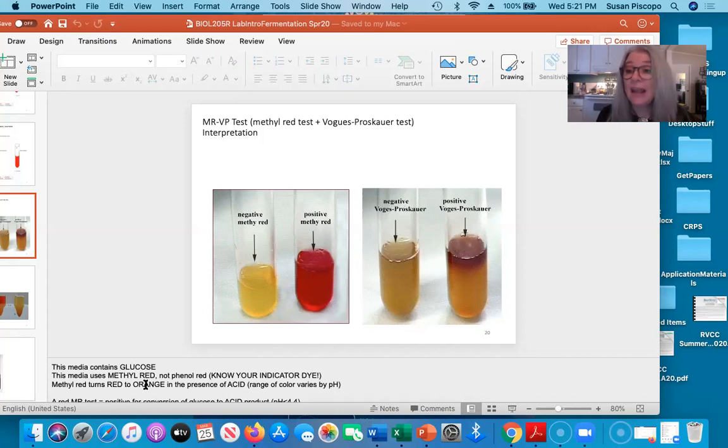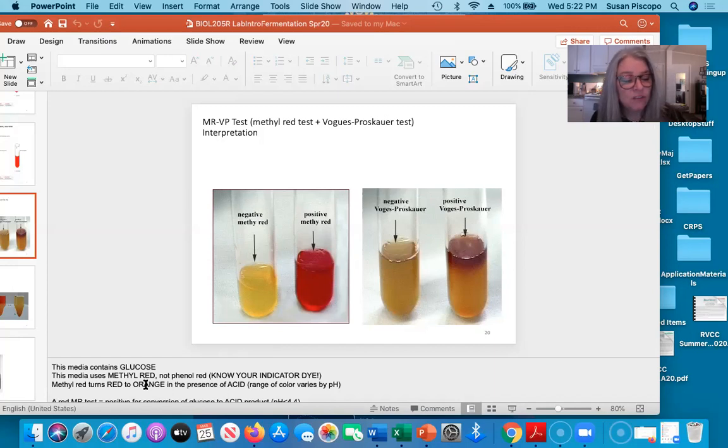There are different enzymes involved in making either lactic acid or in making acetoin. So again, we're looking at organisms that can ferment glucose here, but we're asking, what pathway are they using? Are they using the pathway that ferments glucose to lactic acid? Or are they using the pathway that ferments glucose to this neutral molecule called acetoin?